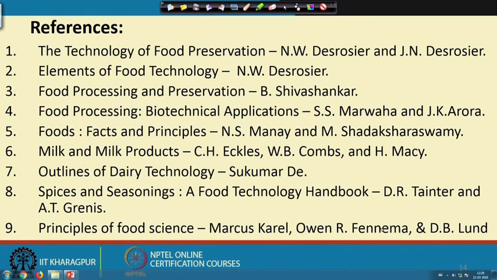This book is known by the name of Fennema. If you go and tell the librarian, they will bring that typical book only. So, it is known as Fennema and it is very good, well written.